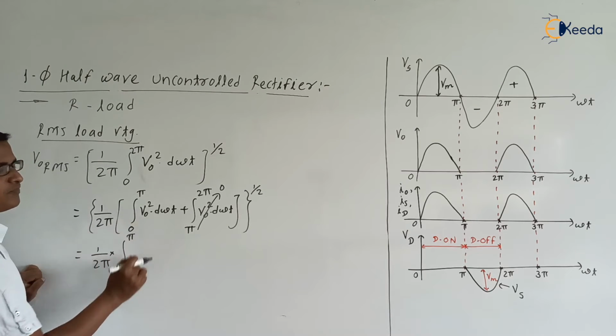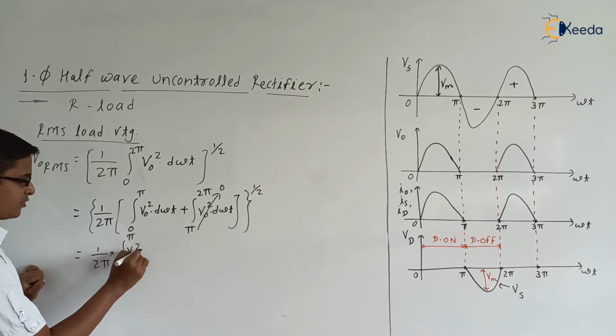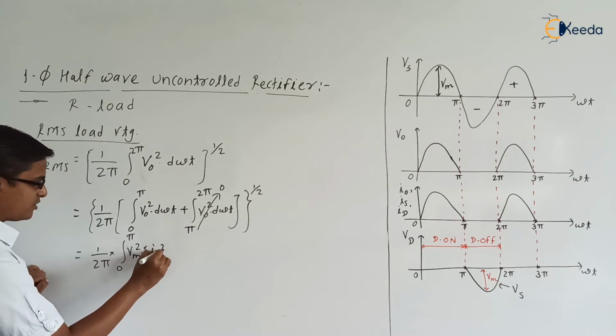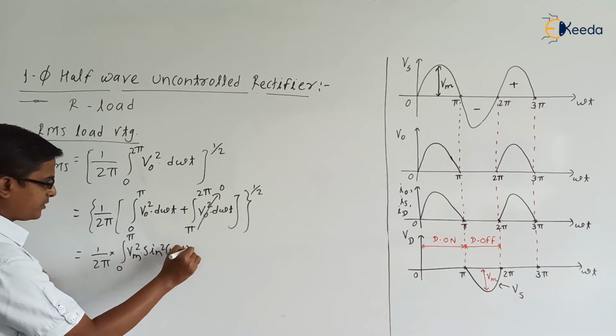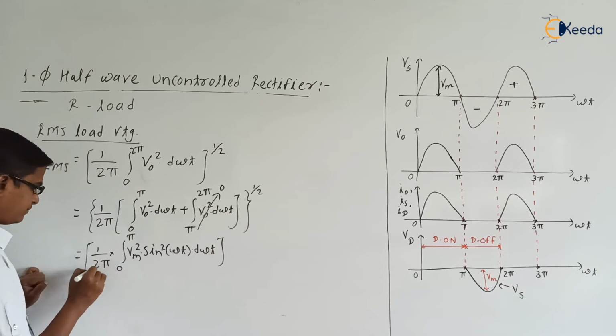What is V0 during 0 to pi? It is Vm sin omega t. So what is the square? Vm square into sine square of omega t d omega t, to the power 1 by 2.